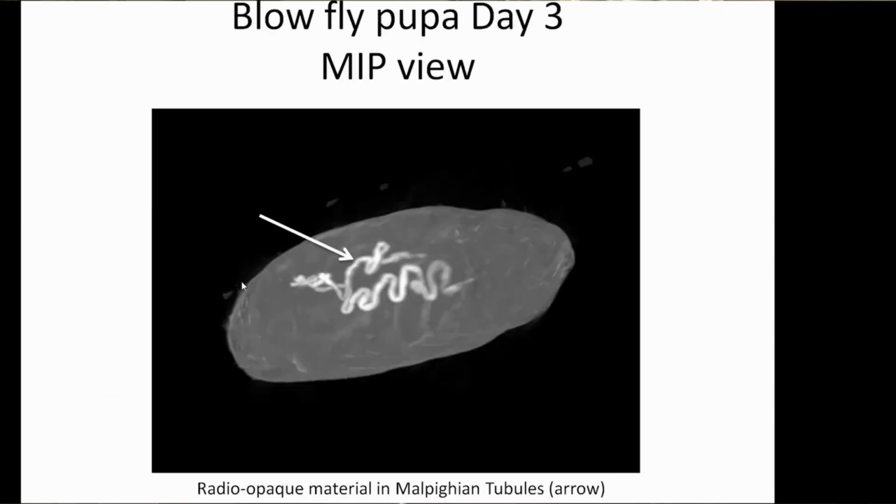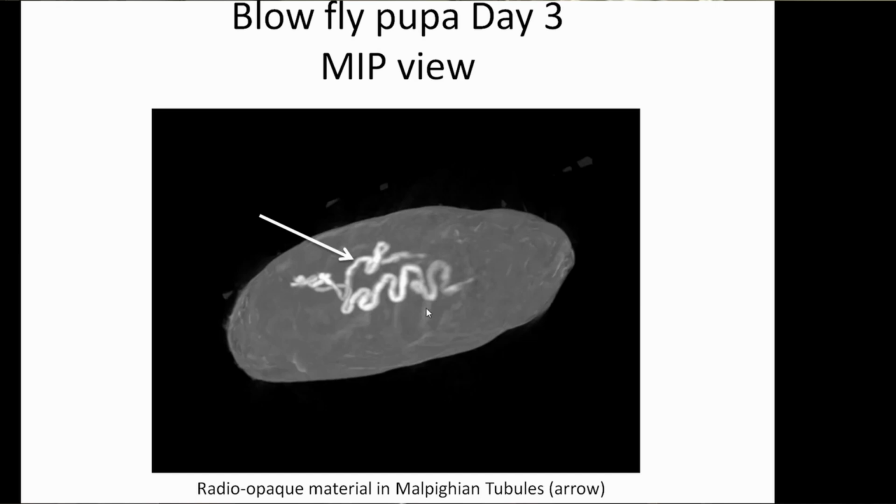Turning now to the blowfly, these are the blue bottle and green bottle flies that you can buy the larva of at an angling shop. Now here we are doing a CT scan of a pupa about 3 days after it changed from the larval maggot stage into a pupa.